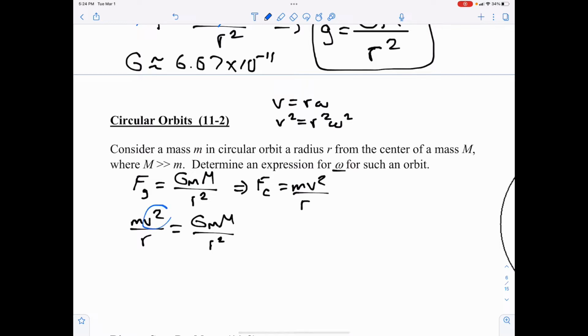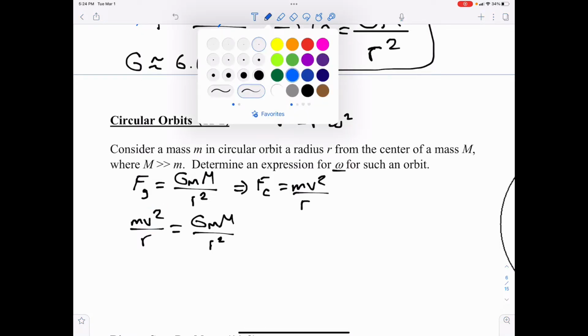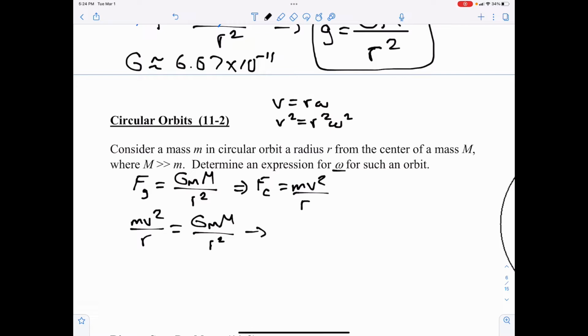I'm going to substitute for V squared, and I get m R squared omega squared over R equals G little m big M over R squared.